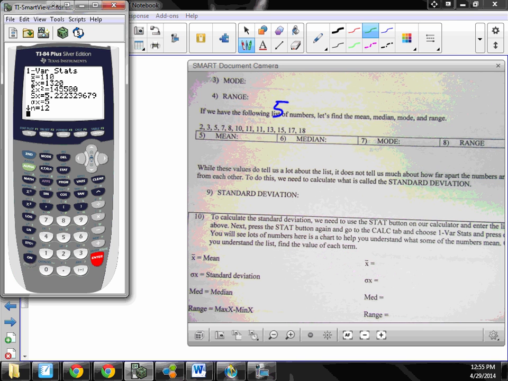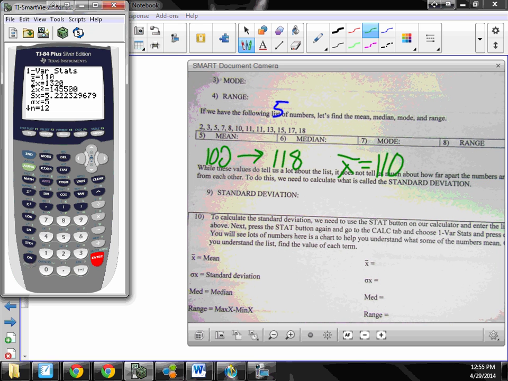So this list from 102 up to 118, x bar is 110. But has the distance from x bar changed? No, it's still 8, 7, 5, 3, 2, 0, 1, 1, 3, and so on. So in both of these lists, sigma x is equal to 5.